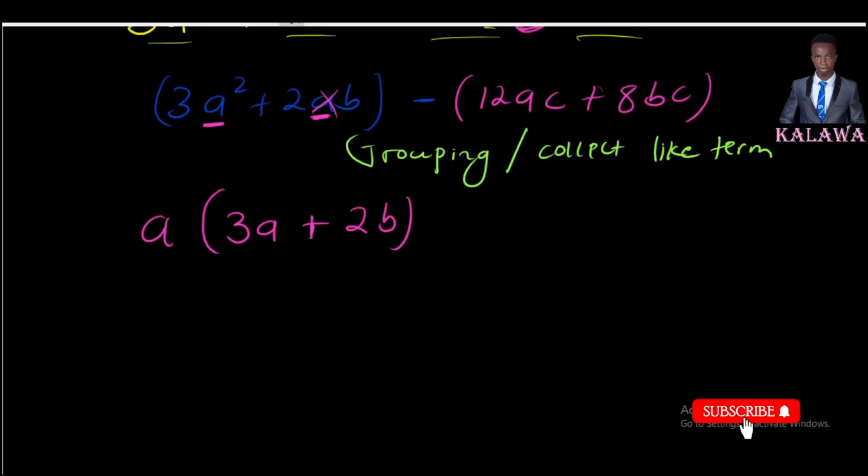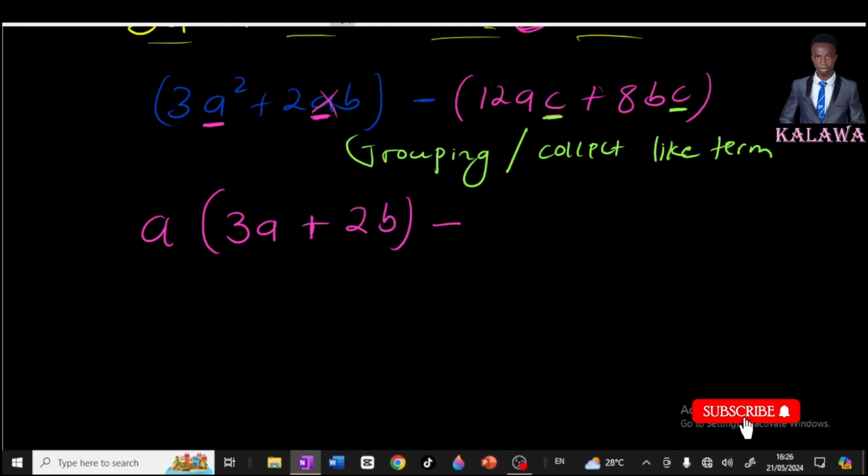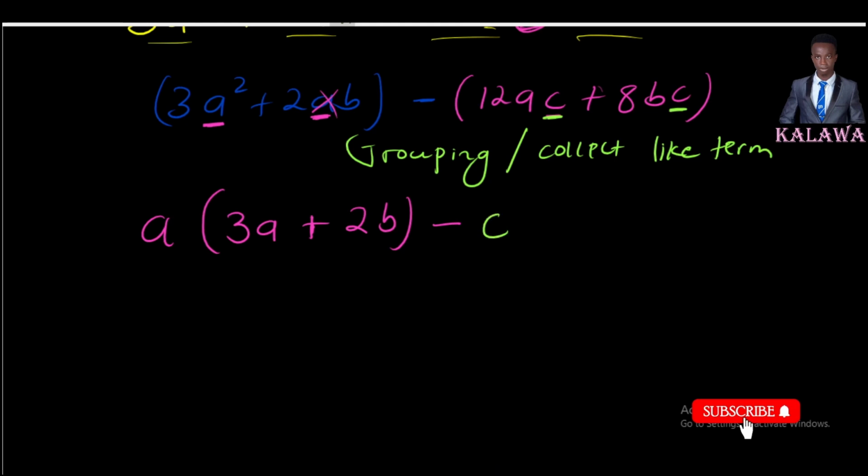So we go again for the second binomial, or say the second set of the grouping. In the second set of the grouping, we have C here, and we also have C. And after which, we take the C out as the common factor.